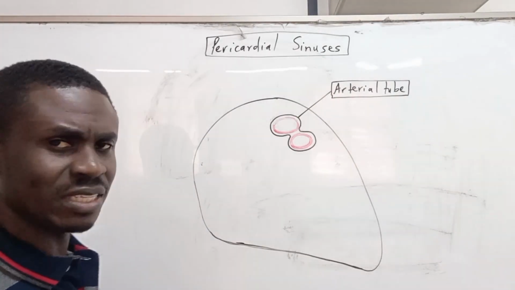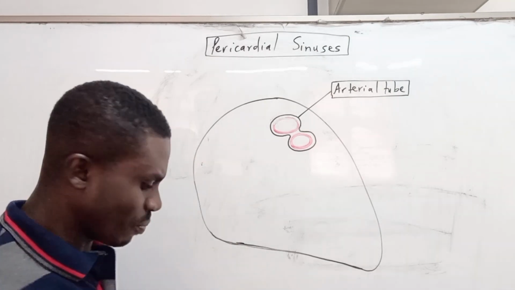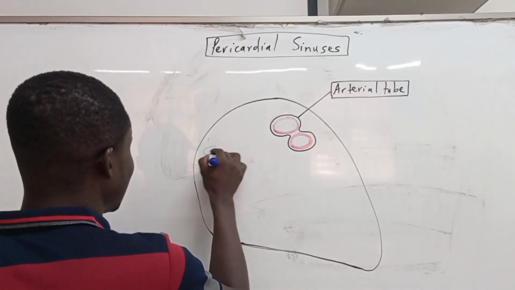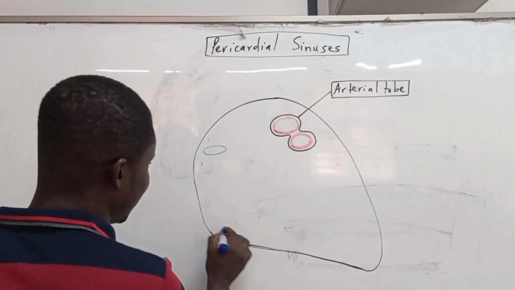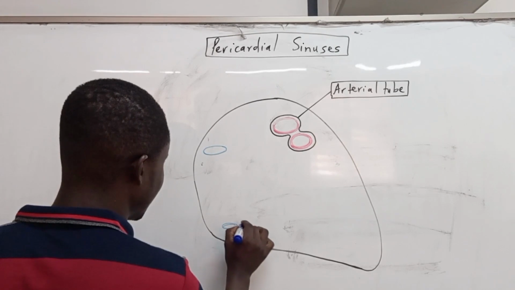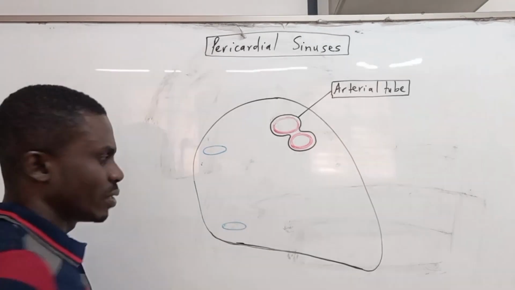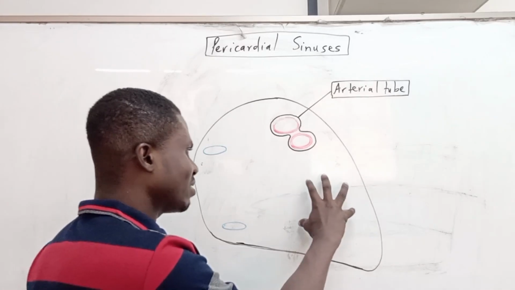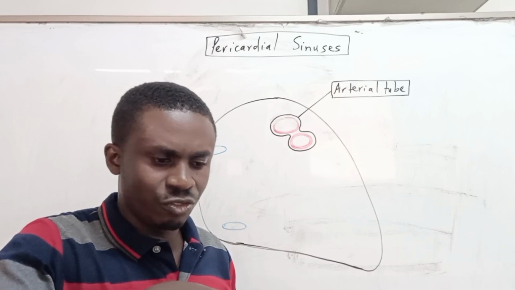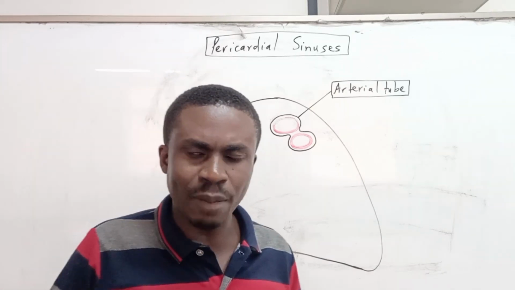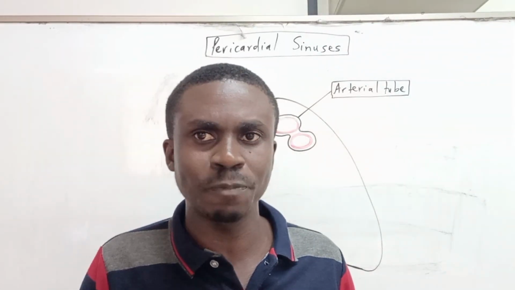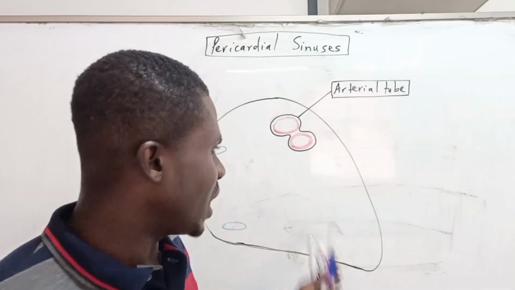Now, the next thing I want you to know is that I also have some great vessels. For instance, let's say the superior vena cava will be somewhere here, and the inferior vena cava somewhere here. Then also, at the posterior aspect of the heart, the posteriormost portion, there is the draining of blood that has been oxygenated from the lung into the left atrium.